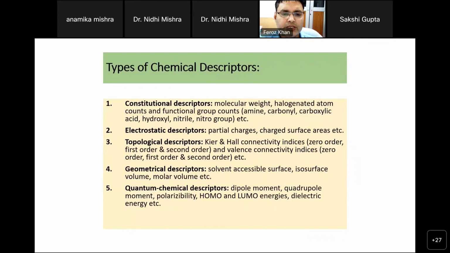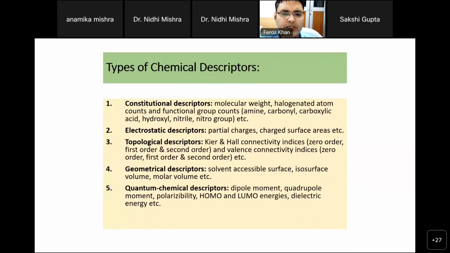Are you able to see the presentation? In standard or commercial software, even open source software, there are options to have more than 1000 or 2000 chemical descriptors. But whether these descriptors are correlated with biological activity, and how many actually correlate, predict and develop the model without considering the key component in the process of modeling.